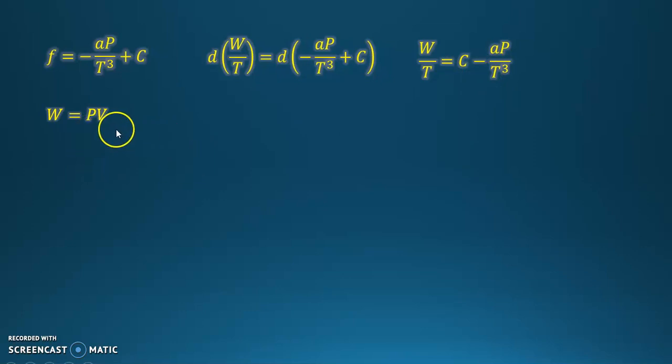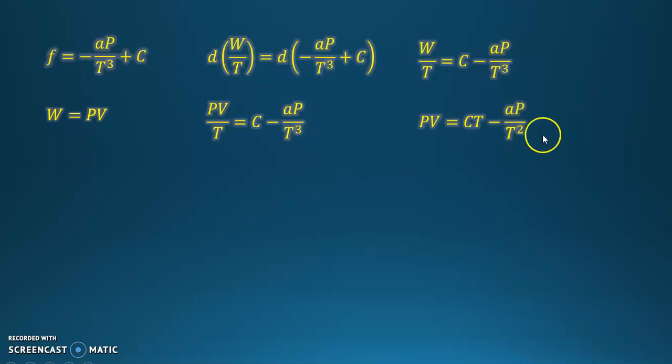Now, we must remember that w is equal to pb. If we replace this expression again in here, we'll get that pb over t is equal to the expression that we have in the right. If we translate this p that is dividing this side, multiplying to the other side, we'll get this other expression.